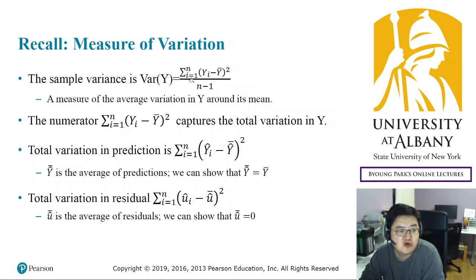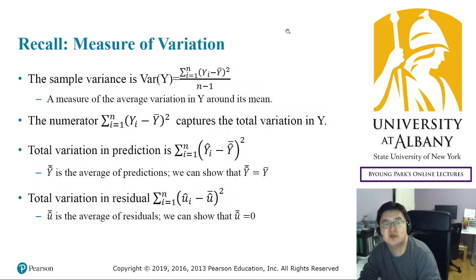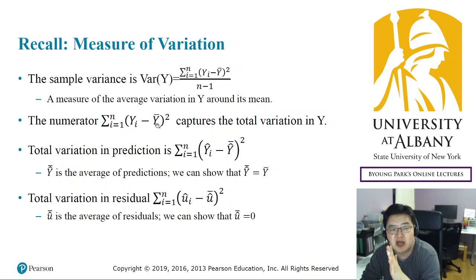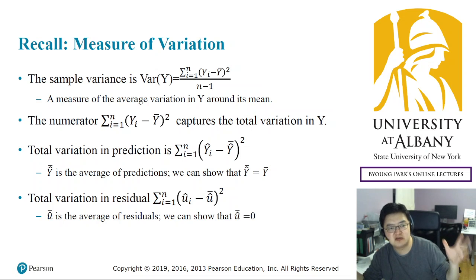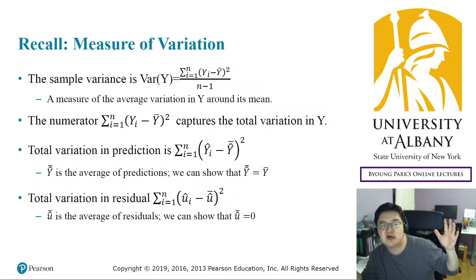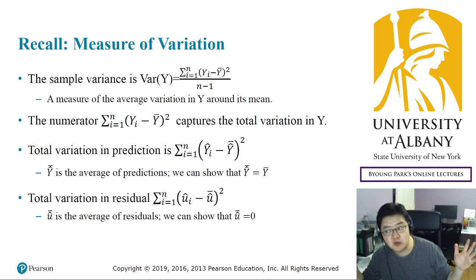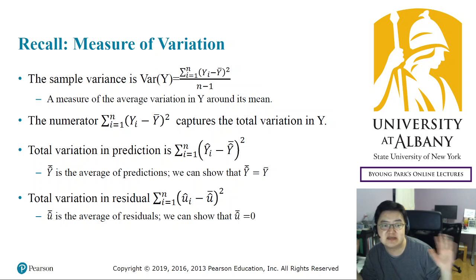Here, the numerator captures the total variation in y. So y minus y bar, the y observation minus the sample mean, captures how far it is, and by taking squares, all the differences become positive numbers. So you may call them distances because they are positive.